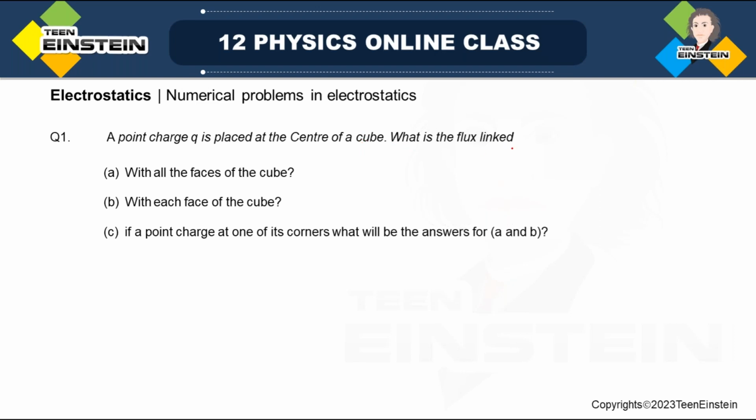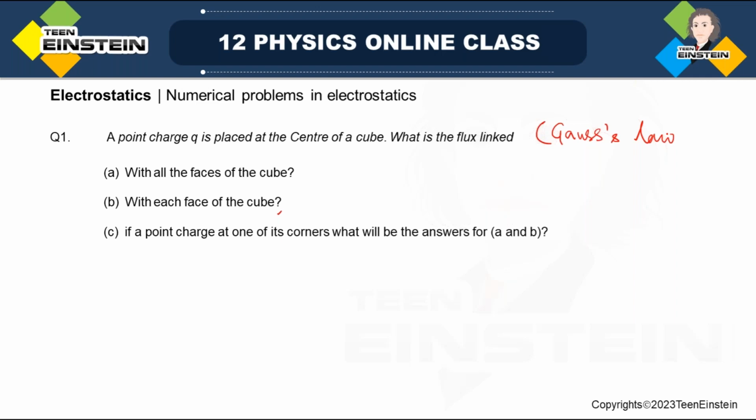What is the flux linked with all the faces of the cube? With each face of the cube. So these are two problems, and as you can understand, this problem can be solved using Gauss's law. So this problem is from Gauss's law of electrostatics.